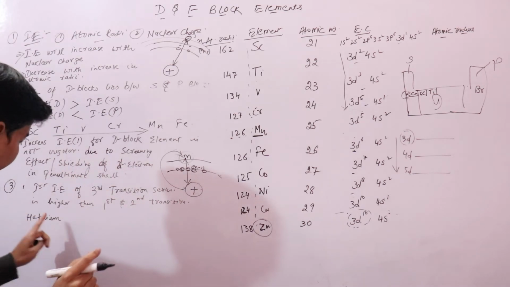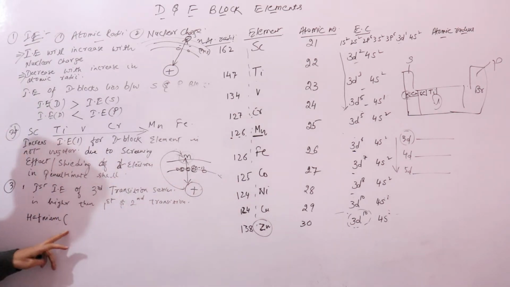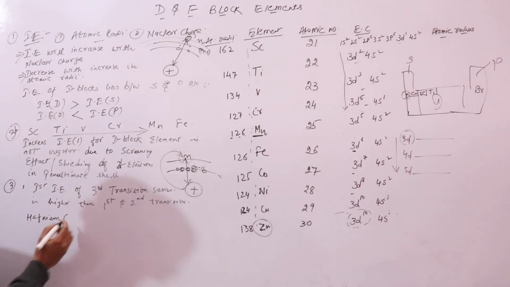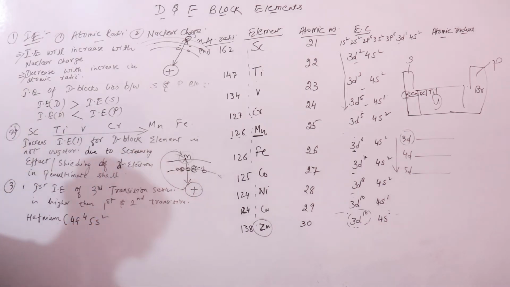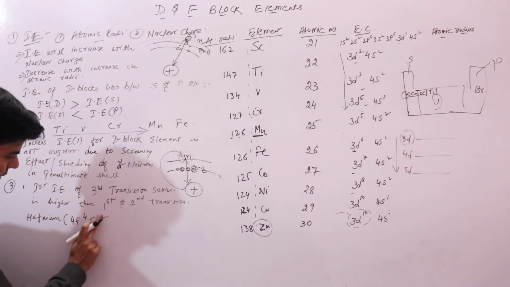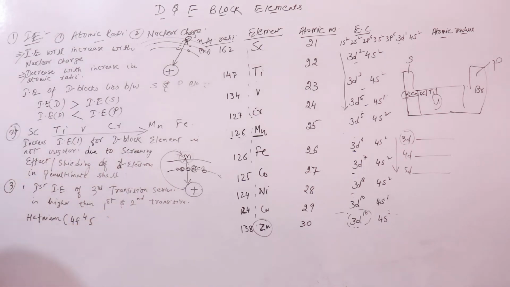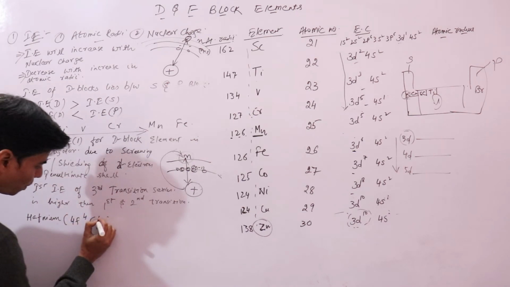So the electronic configuration of hafnium would be 4f14, 5s2, 5p6, 5d2, 6s2.